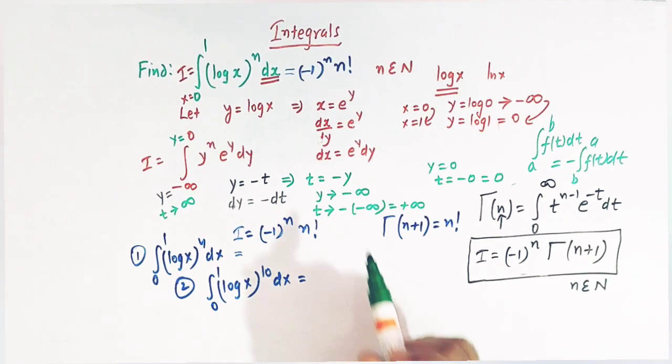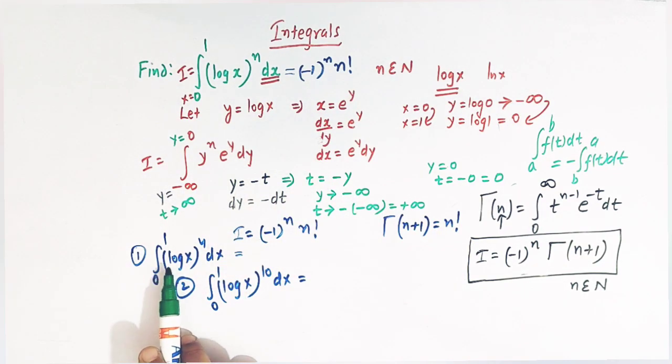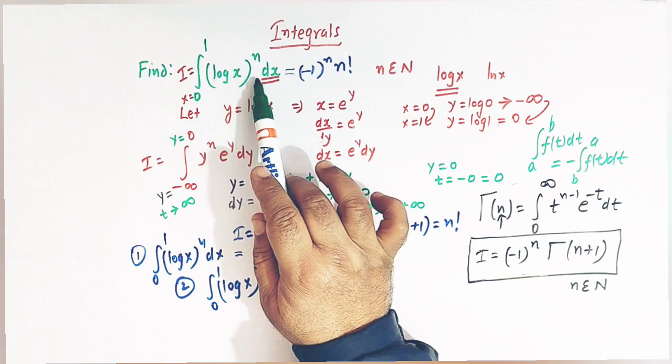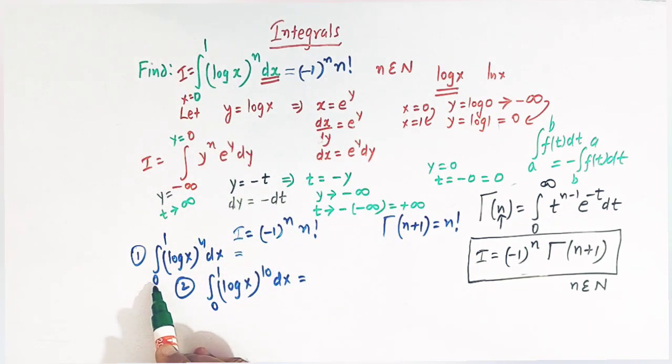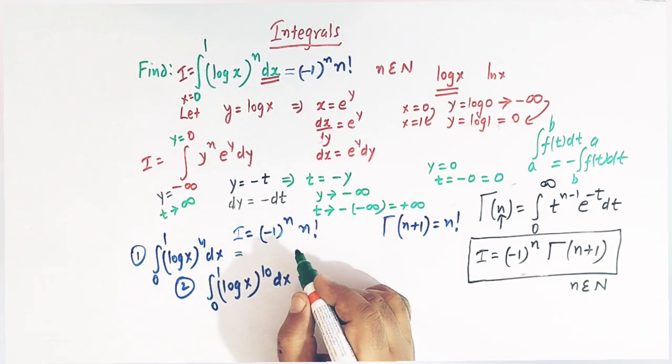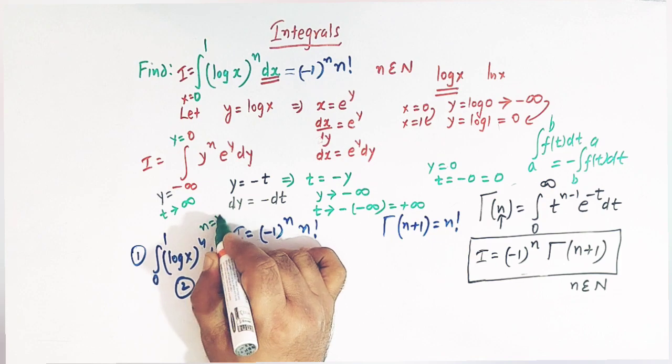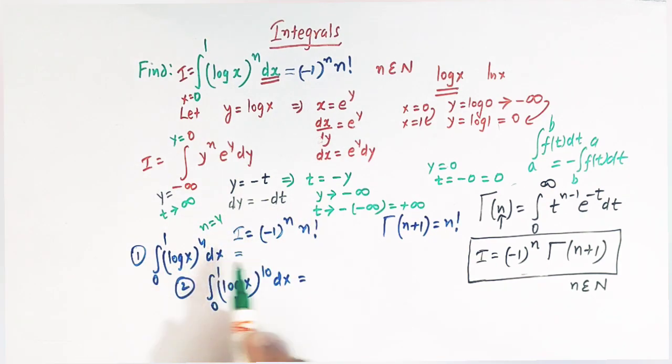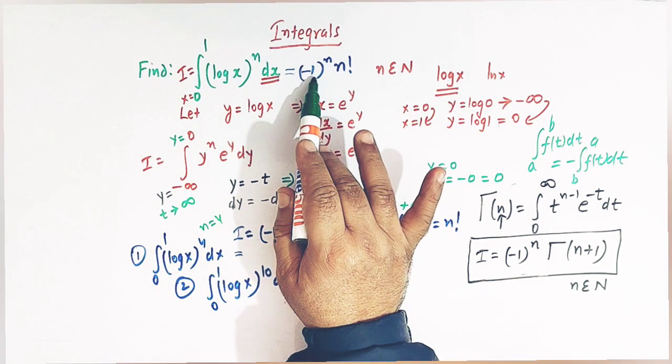So now let us quickly find out the values of these two integrals with the help of this result, right? So in this problem we have the integral from 0 to 1 of (log x) raised to 4, and 4 is a natural number, right? So the value of n is 4. So the value of this integral can be written with the help of this result.